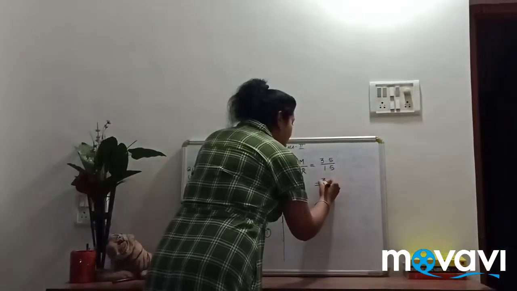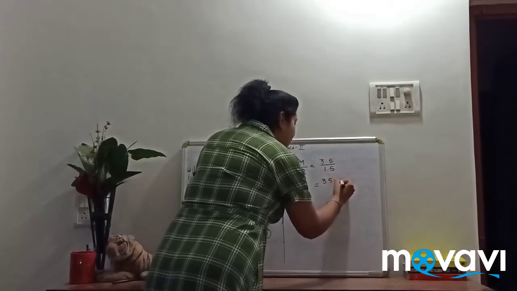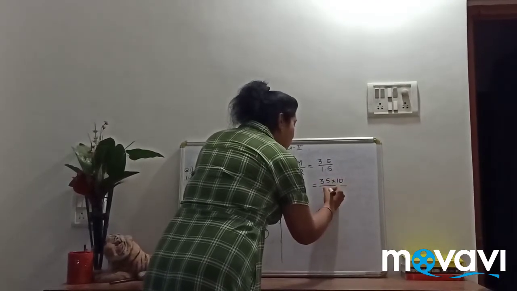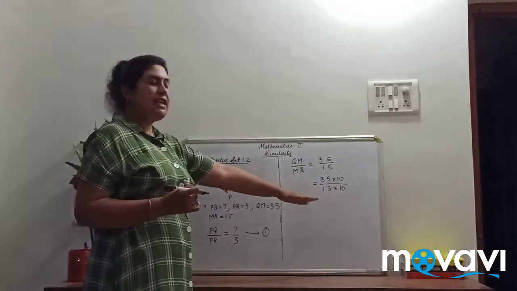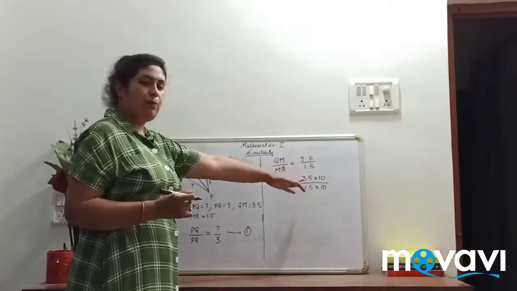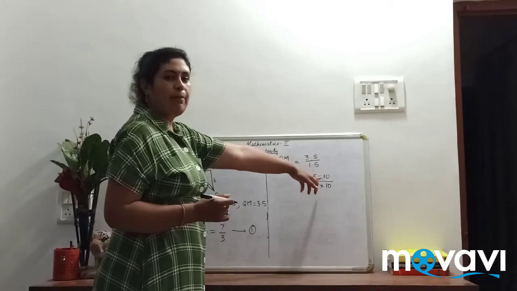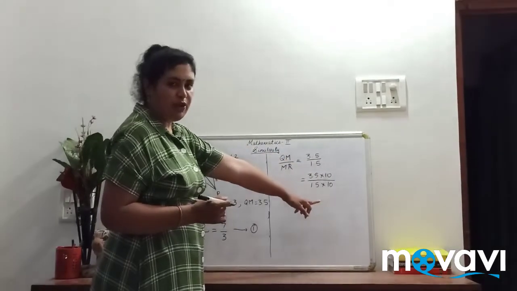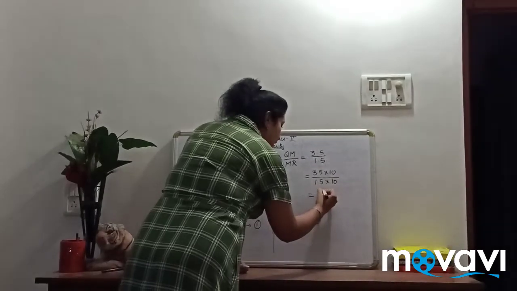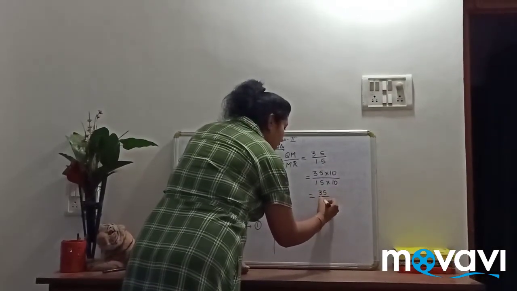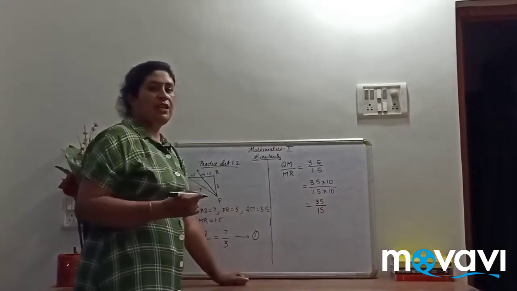So 3.5 into 10 upon 1.5 into 10. Why are we doing this? We are just going to remove the decimal point. You know that if I am multiplying the numerator, I have to multiply the denominator also. Okay. So after multiplying, what do I get? I get 35 upon 15.